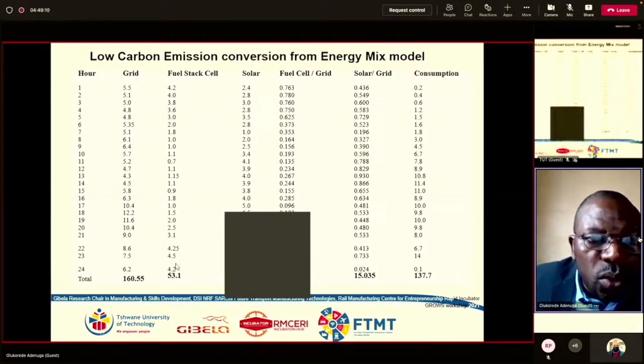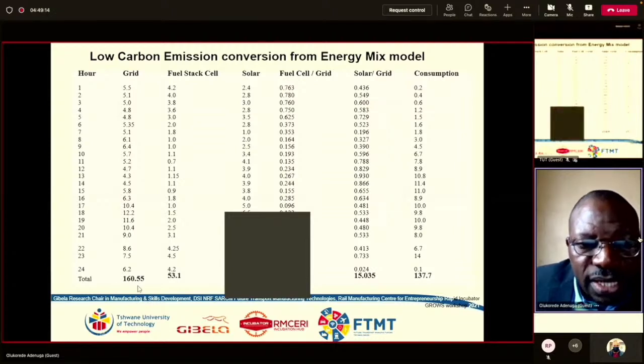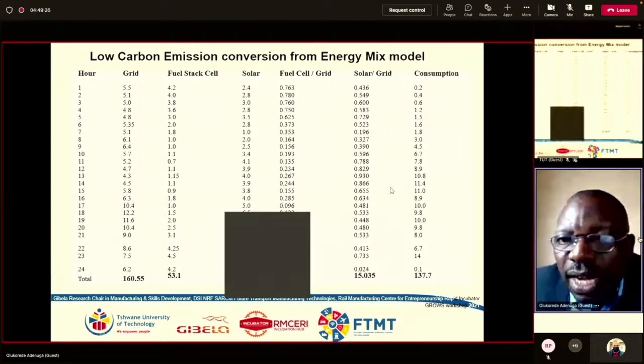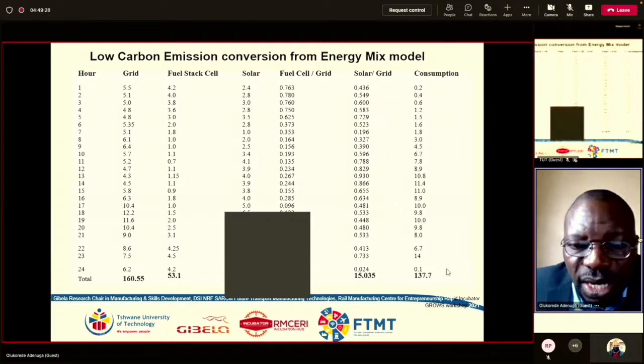We look at our grid simulated load at 160 kilowatts, then the fuel cell at 53 kilowatts, the solar at 85, and we look at the combined fuel cell, grid and solar values, and the total consumption that we can get.